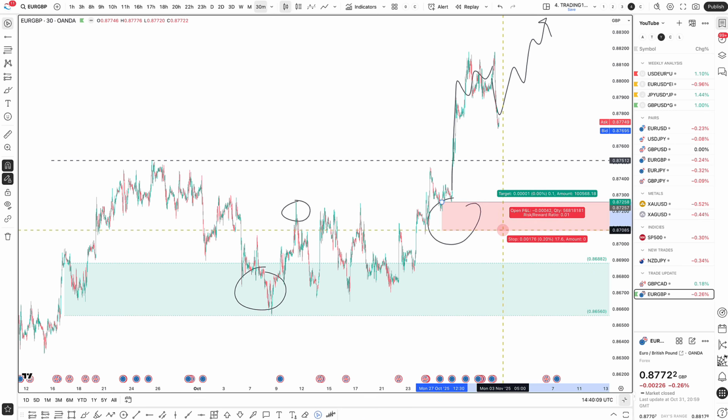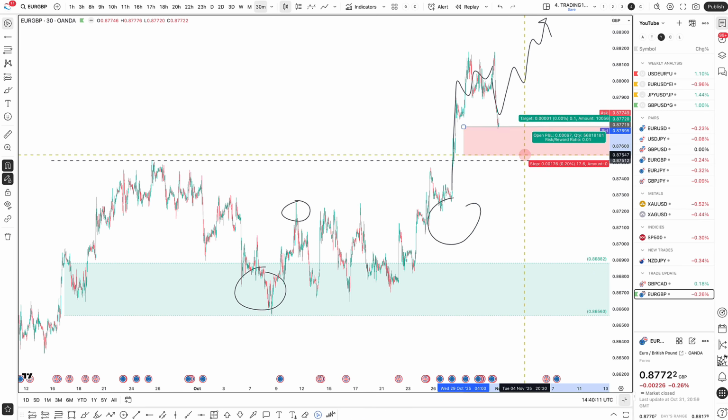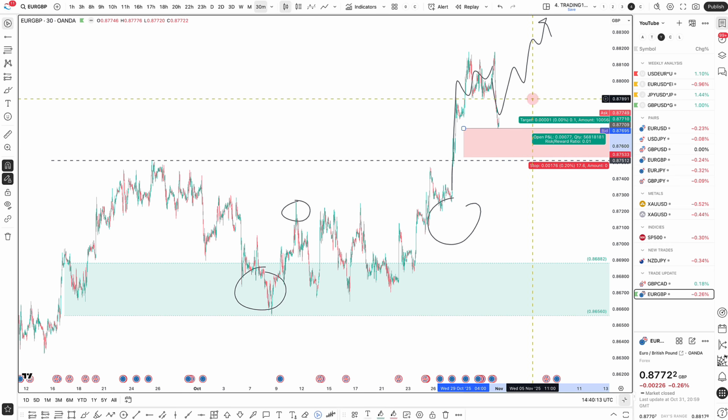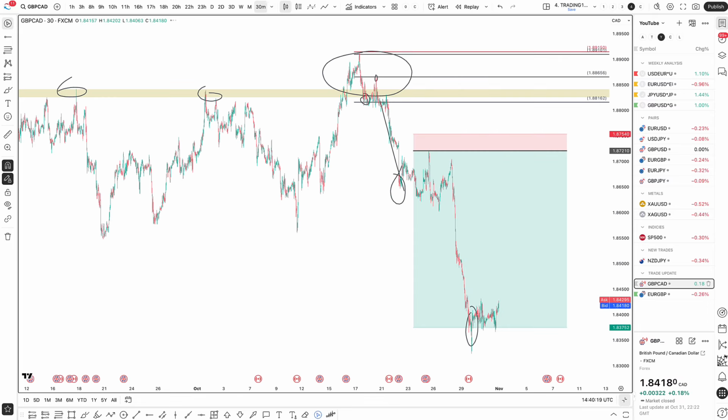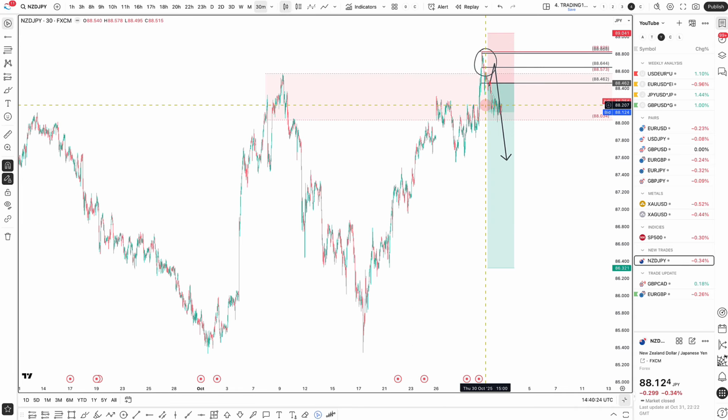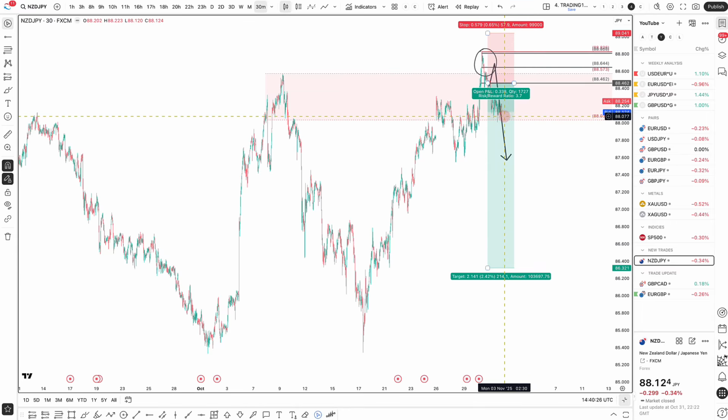So my stop at the moment is at the 87 round number, and if it makes new highs, then I'll just trail up there and just keep trailing up until I get tagged. But this again is a profitable trade on the pound CAD. Really nice trade that, and then hopefully the new trade, the New Zealand CAD trade, will be profitable as well.